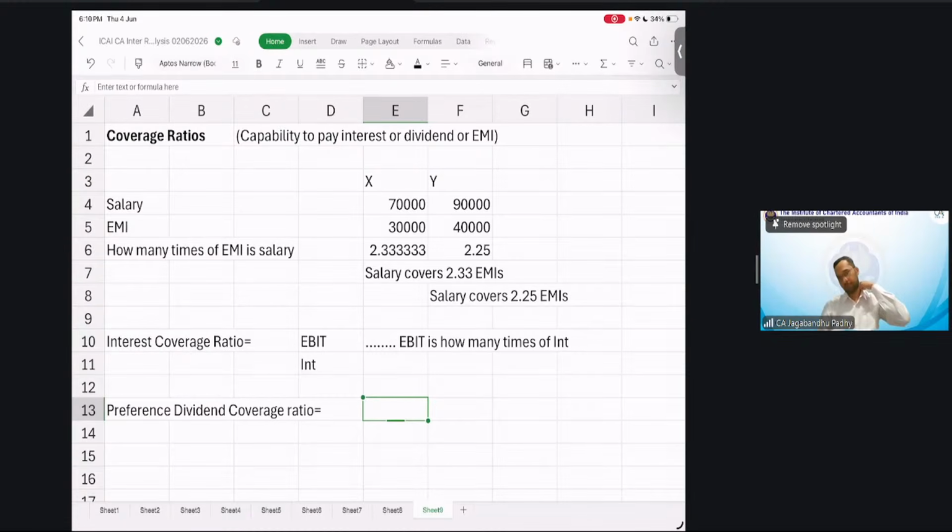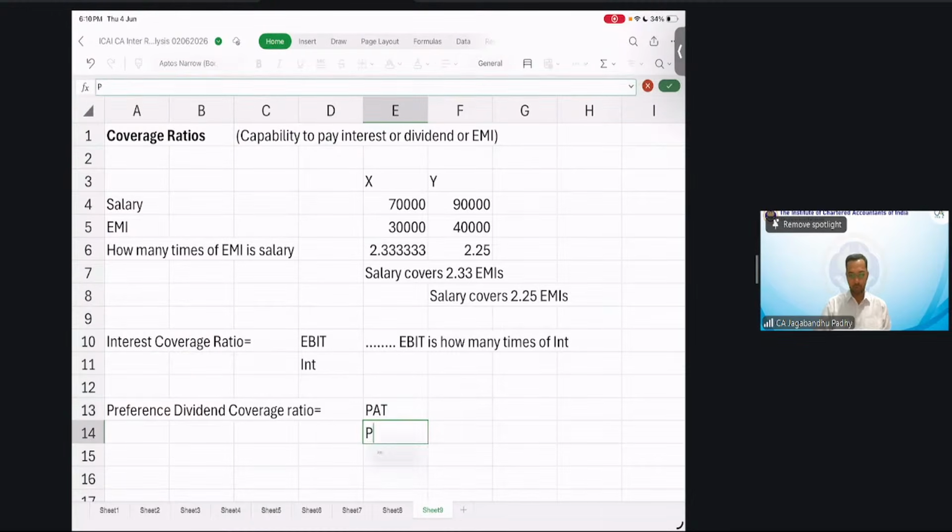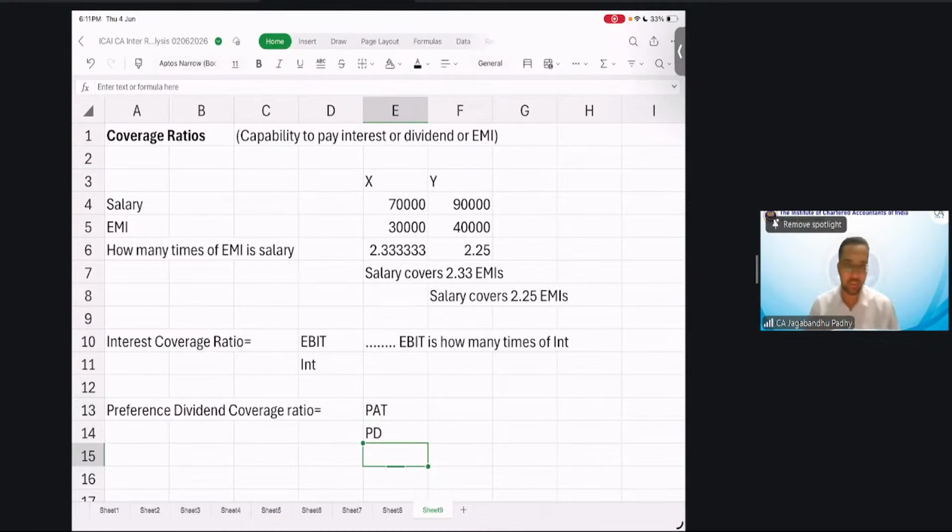Yeah. What do you think? Preference dividend coverage ratio is calculated as PAT upon preference dividend, because you need to have profit after tax to pay preference dividend, right?